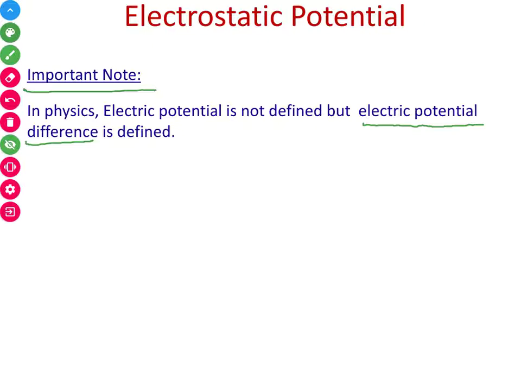In the same way, the difference in electric potential is defined in physics rather than only electric potential. We have to keep this in mind while deriving the electrostatic potential expression. So let's start.